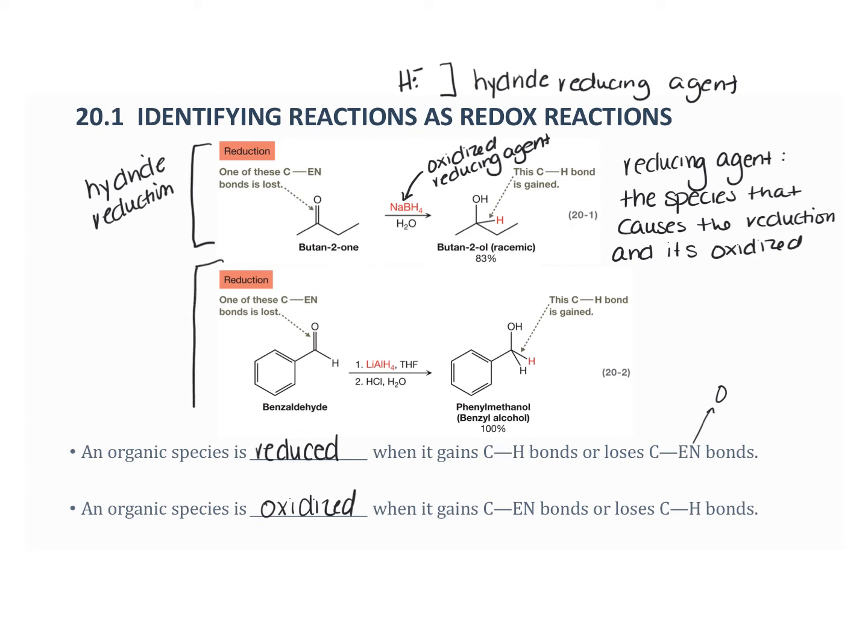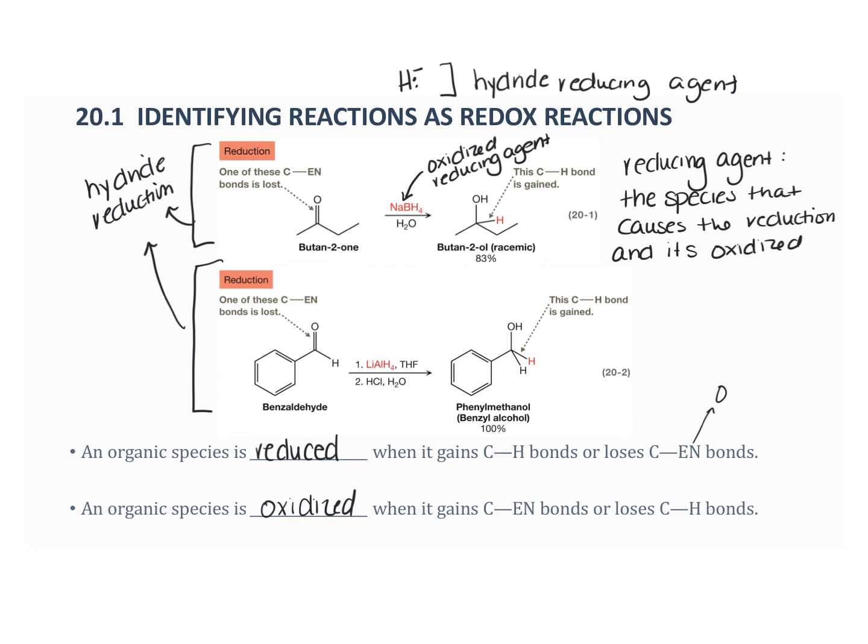This reaction here, lithium aluminum hydride, can also be classified as a hydride reduction because it's the hydride here that's the reducing agent. So these previous reactions that we've seen are hydride reductions, and they can be defined based on oxidation reduction terms.